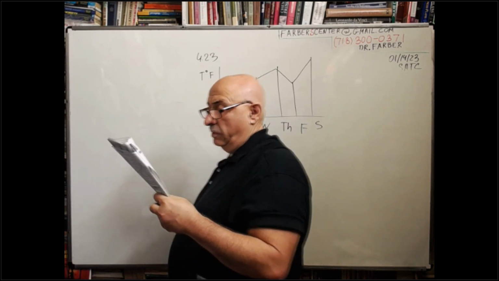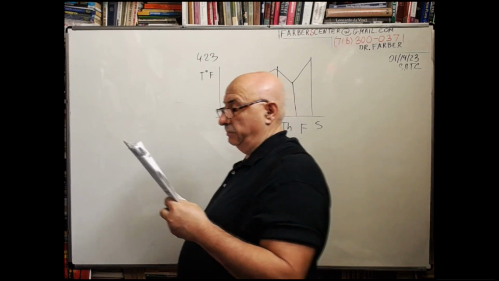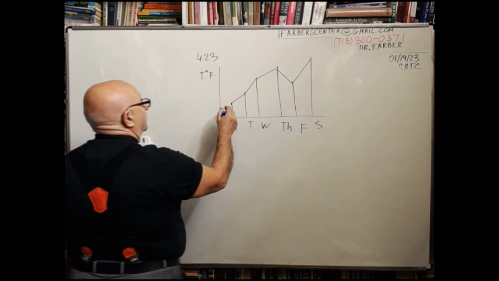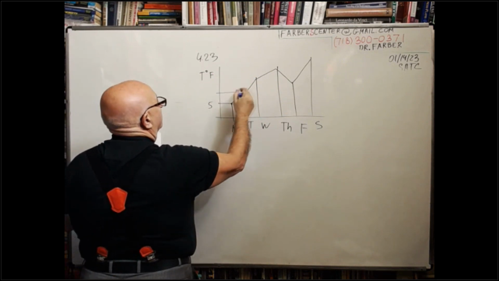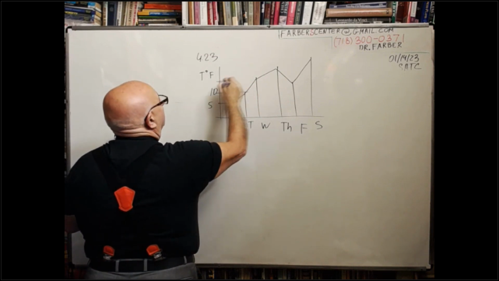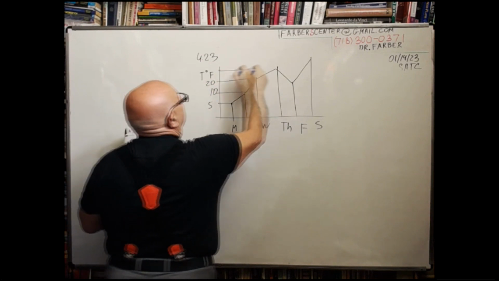With the graph, we grab the data. Take these values. This is 5, right? This is 10. This is 20. This is 25.